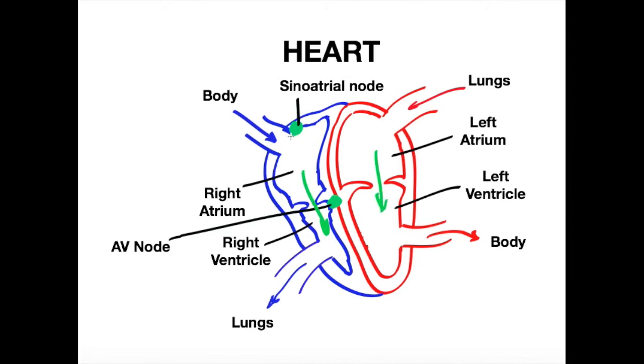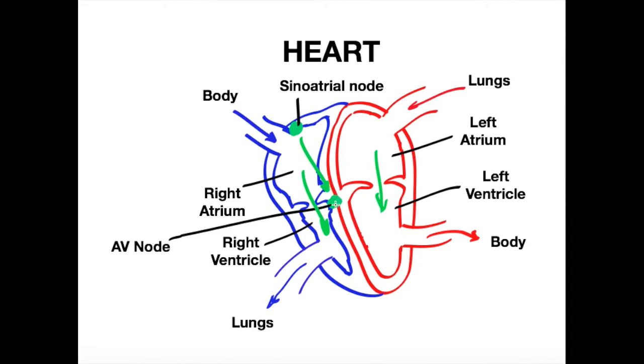Now at the same time as the two atrium squeezing or contracting, that same electrical impulse will go from the sinoatrial node to the second node, which is the atrioventricular node, or the AV node.